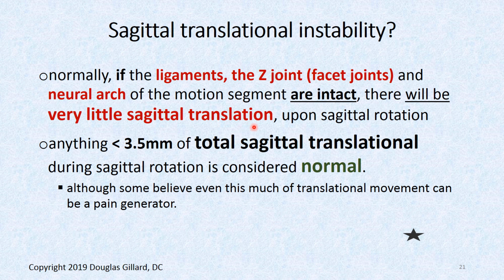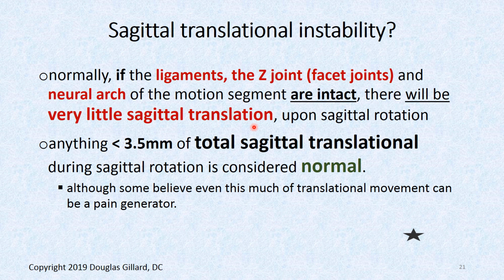But what if you have a crack in the pars interarticularis? Or what if you have sagittally orientated degenerative facets that don't work anymore? You can actually get abnormal translational movement, anterior posterior translational movement, and that can be a source of pain.